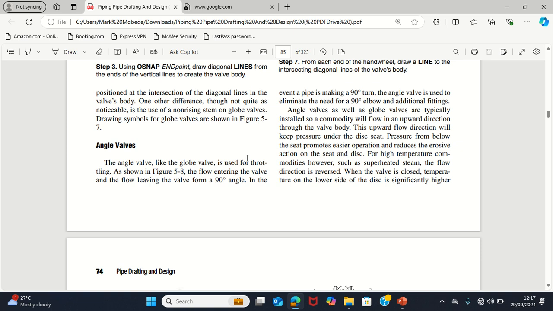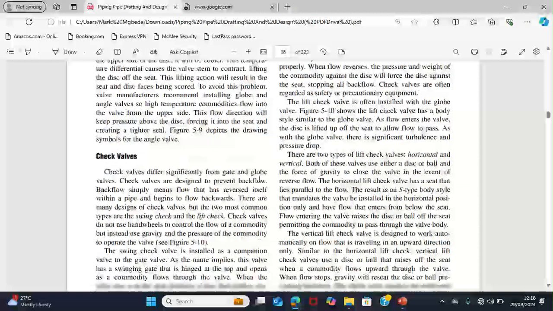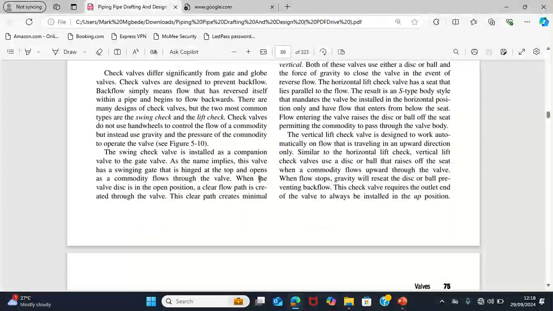Sometimes actuators are used in order to help us not to operate those valves manually. Angle valves are examples; your pressure relief valve is used for pressure safety and to relieve pressure of a pressurized vessel or a pressurized line.